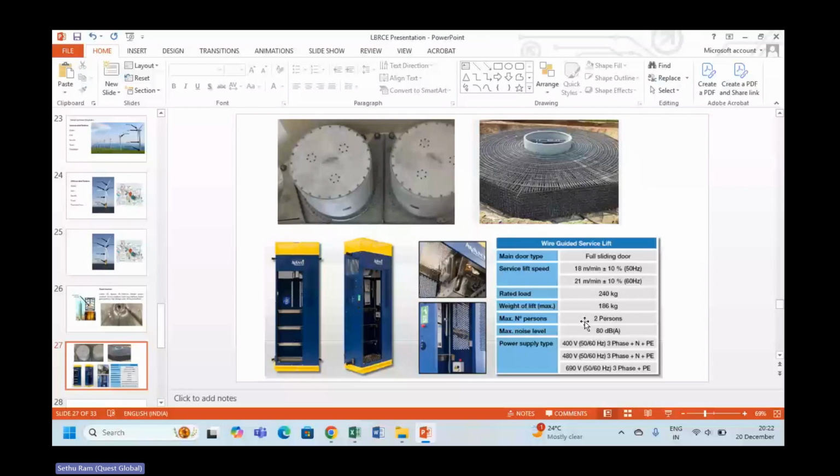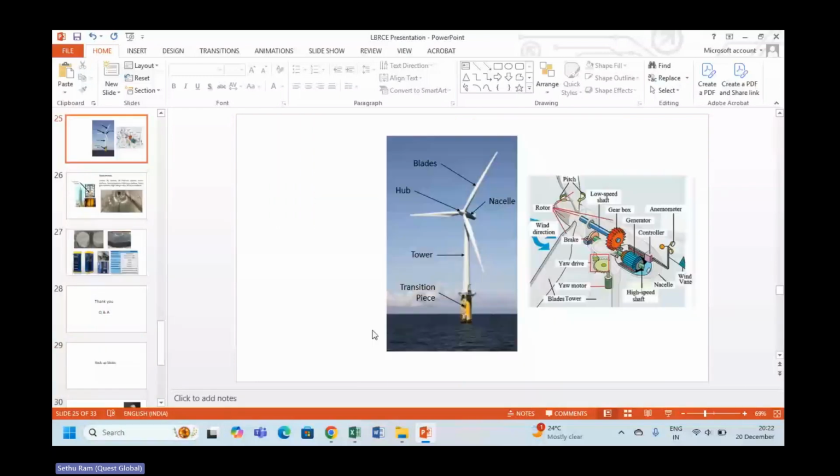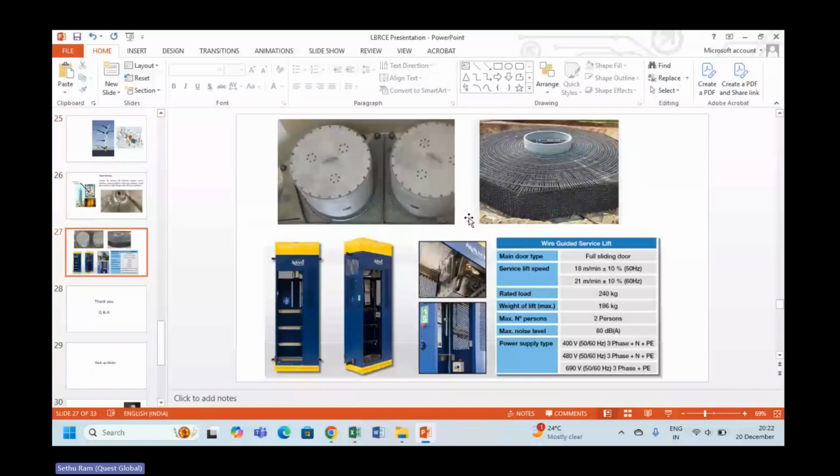That lift platform will run from the entrance to the topmost platform. Till there it can transport luggage or people. This is the lift we use.